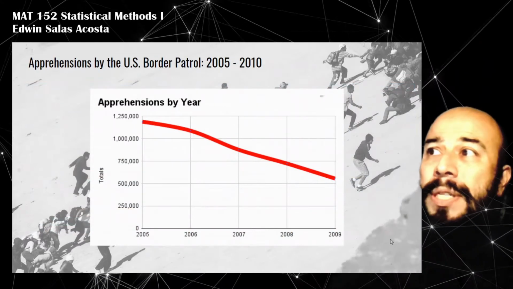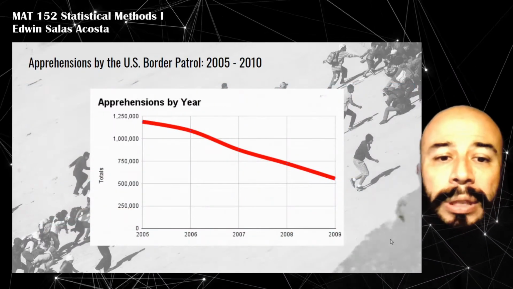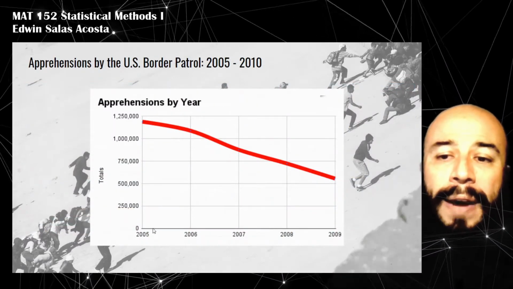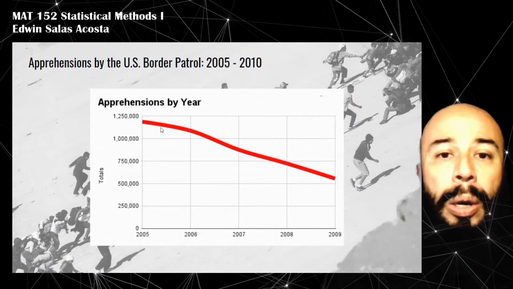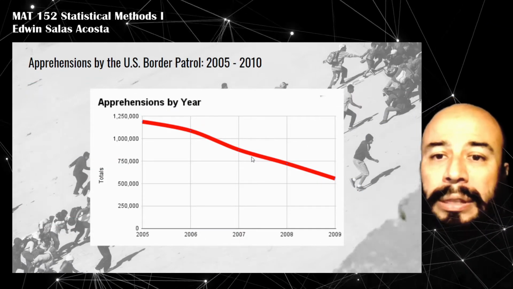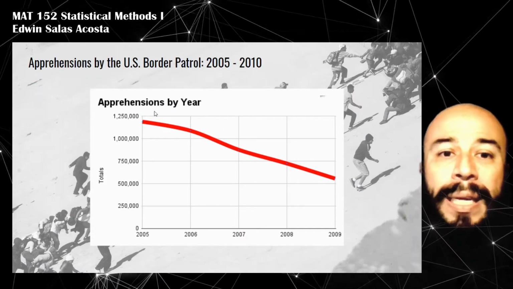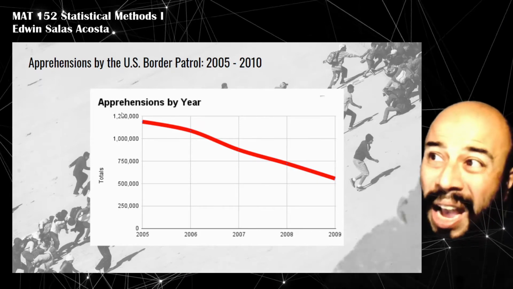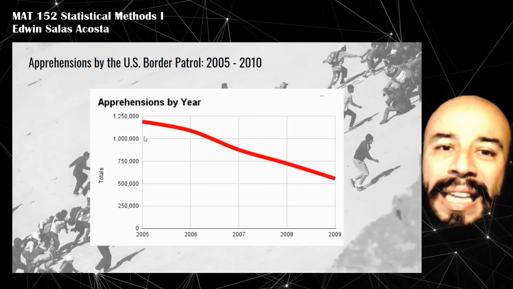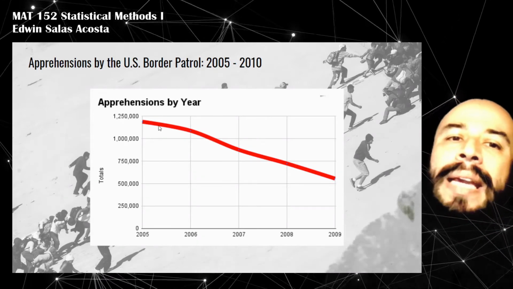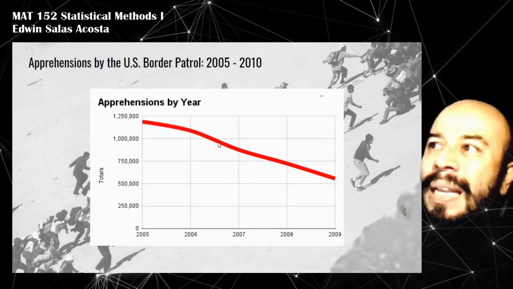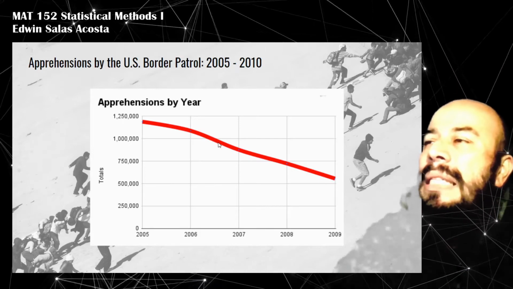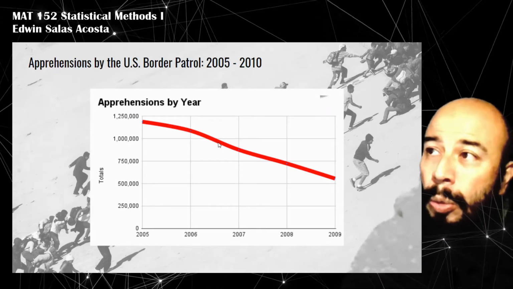This is the apprehension by year. This is how from 2005 to 2009 the apprehensions go down, because in these years there was a change of different laws in the United States, and these laws had an effect on the apprehensions. By the way, it is more difficult to cross the border.